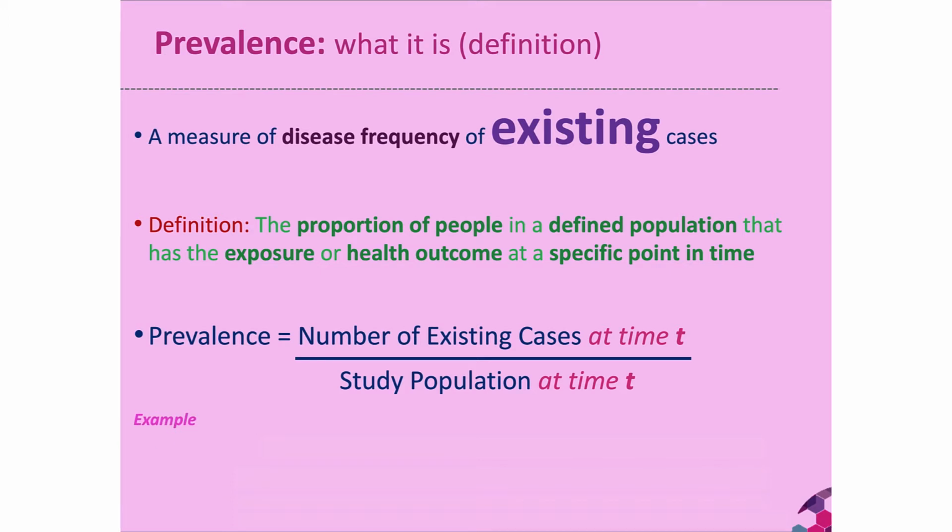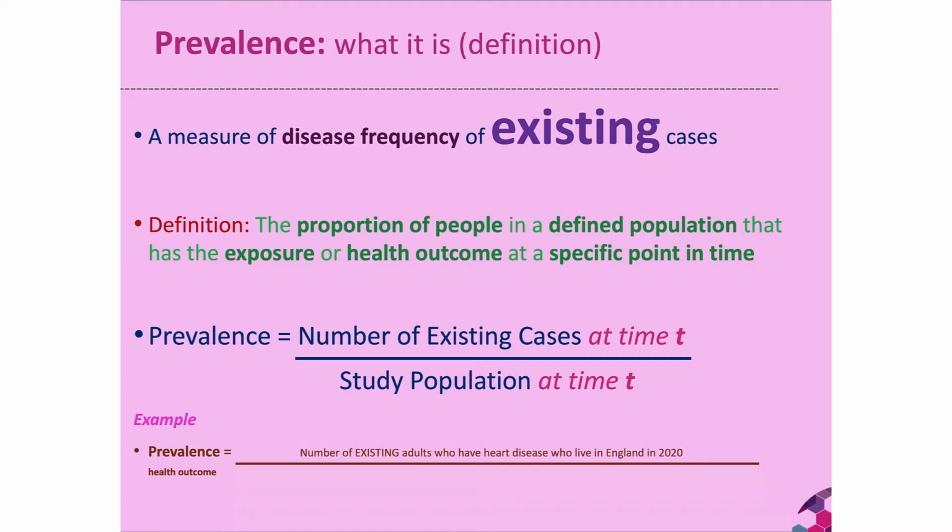And let's look at an example here. Prevalence of a health outcome would be the number of existing adults who have heart disease who live in England in 2020 divided by the adult population 18 plus years, both without heart disease and with heart disease, who live in England in 2020.